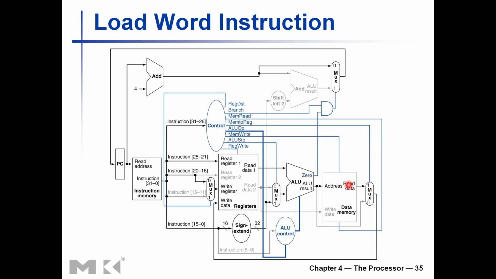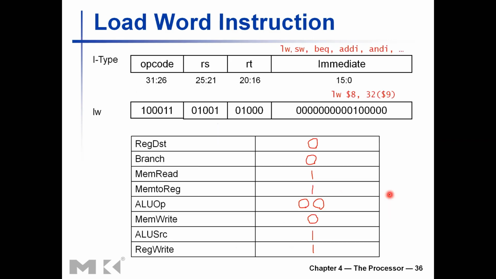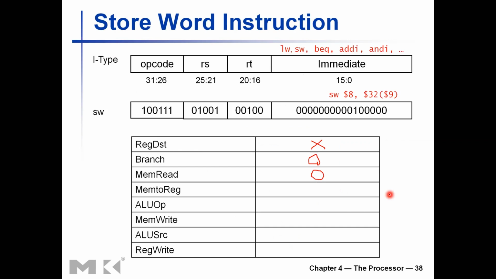It decides whether we are writing the data memory result or the ALU result into the register file. Value here is, it should be 0.